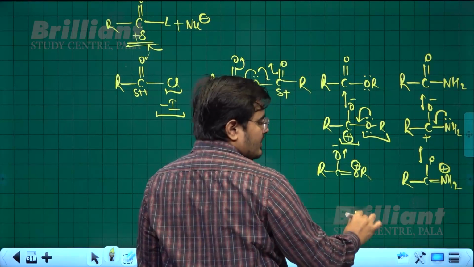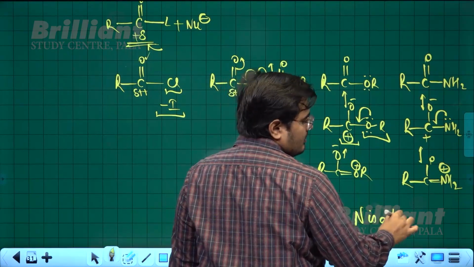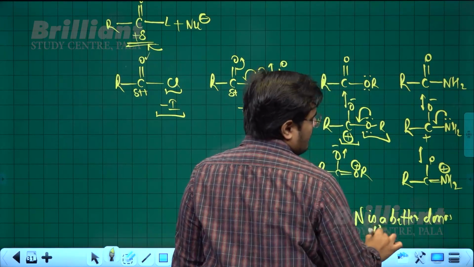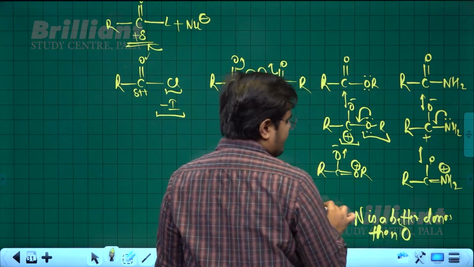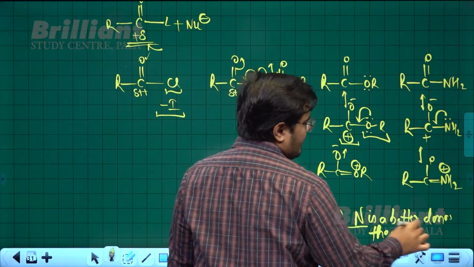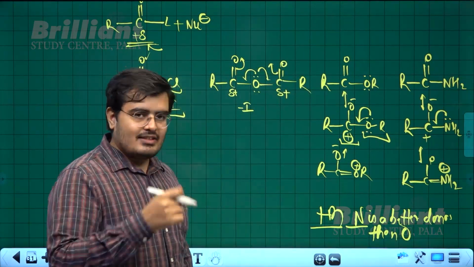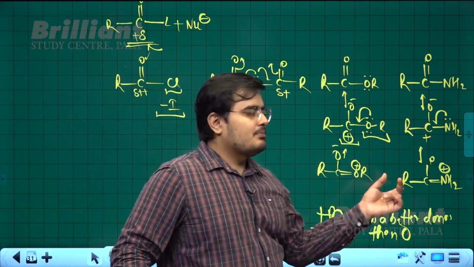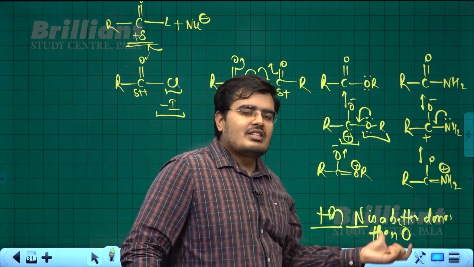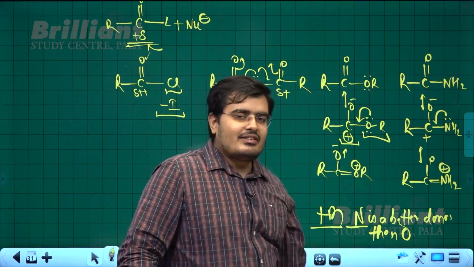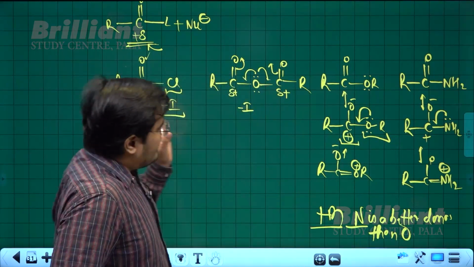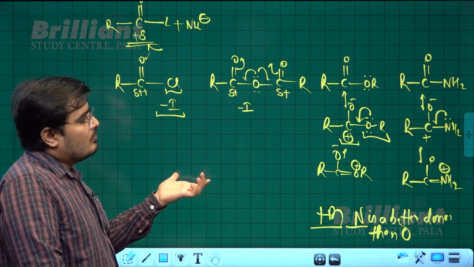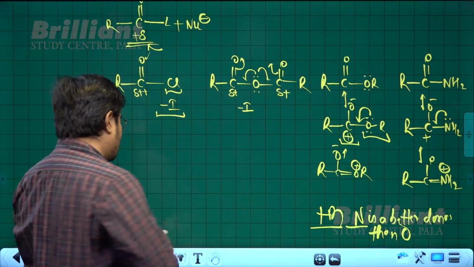Nitrogen is a better donor than oxygen if I am considering their plus M effect, because of its lower electronegativity, so it will neutralize the positive charge more. Positive charge density will decrease more, and hence the reactivity. So based on electronic effects also, you can explain which is more reactive and which is less reactive.